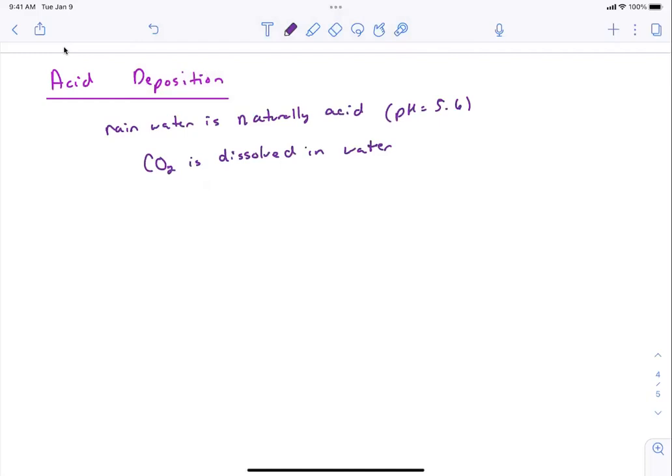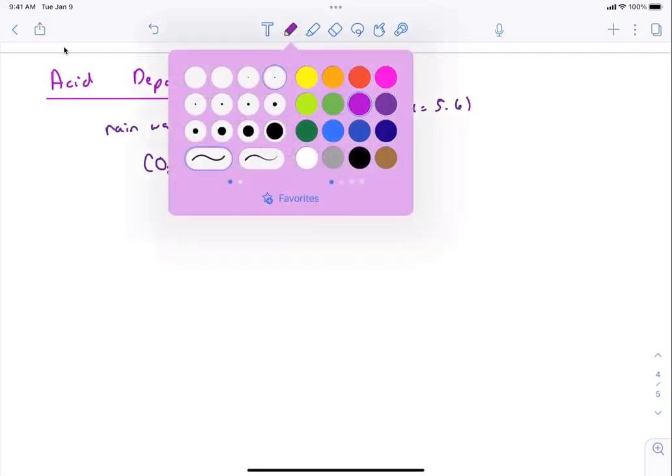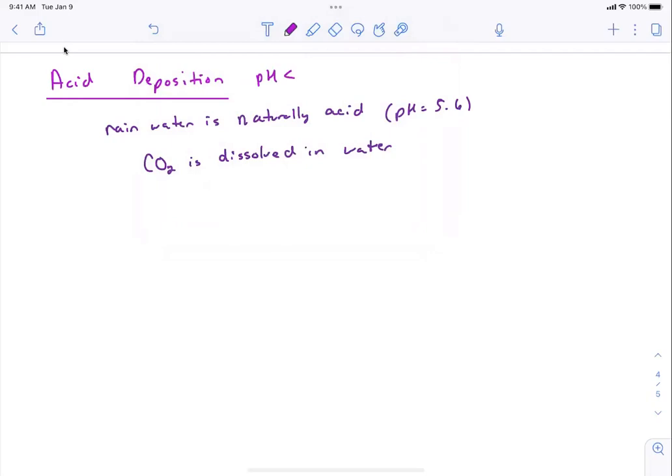No, rainwater is already slightly acidic and that's okay. Acid deposition is rainwater that becomes more acidic than 5.6, and that's the environmental damage that can occur from this. Okay, so acid deposition is when you have a pH of less than 5.6.